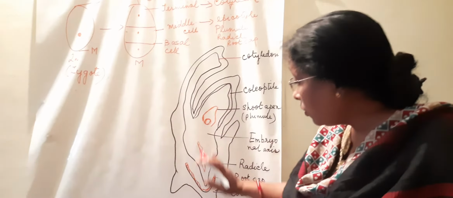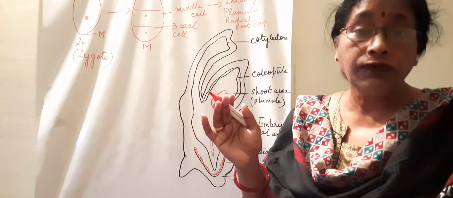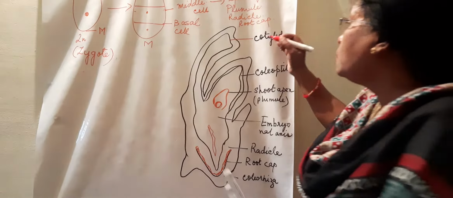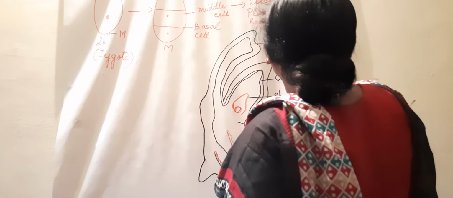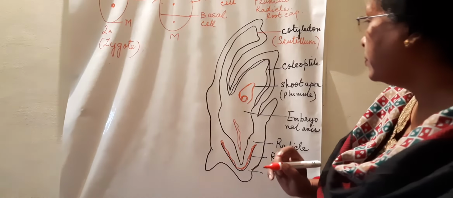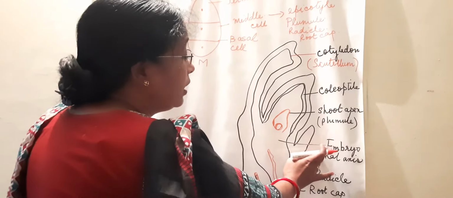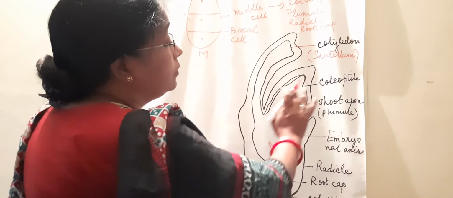This is the embryo of a grass. So the cotyledon is very light, papery, so it is known as scutellum. The scutellum is located at one side of the embryonal axis.